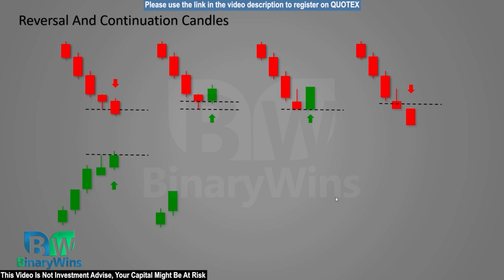But if in the same process an inverted hammer candle is formed on the level, this time the sellers are here and here, and there are a lot of sellers on this level. That's why it causes the trend to reverse.